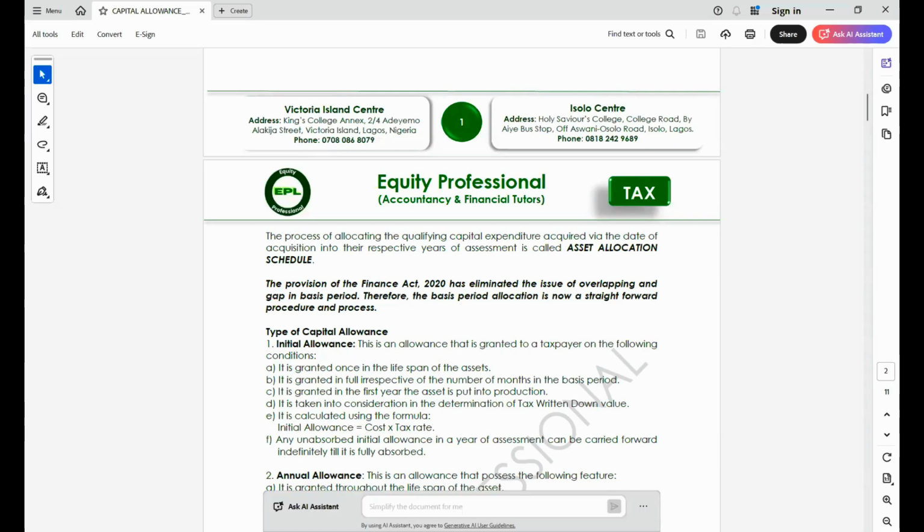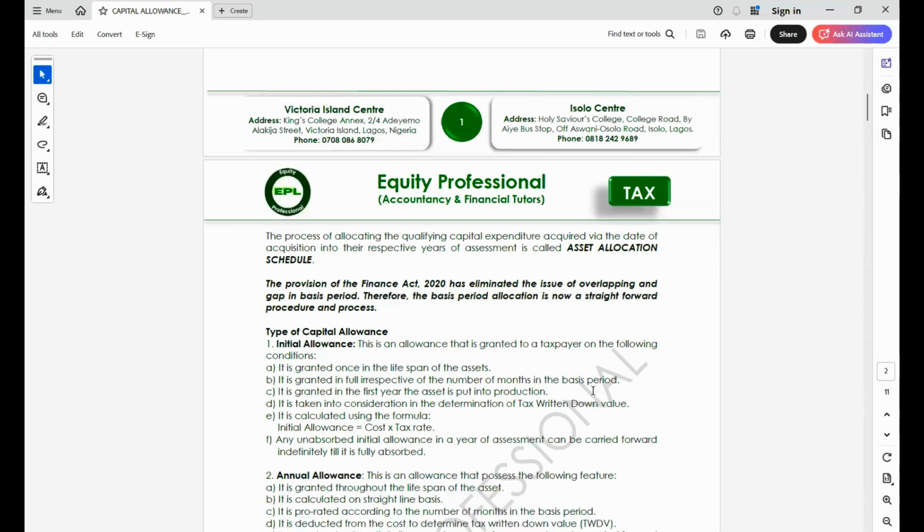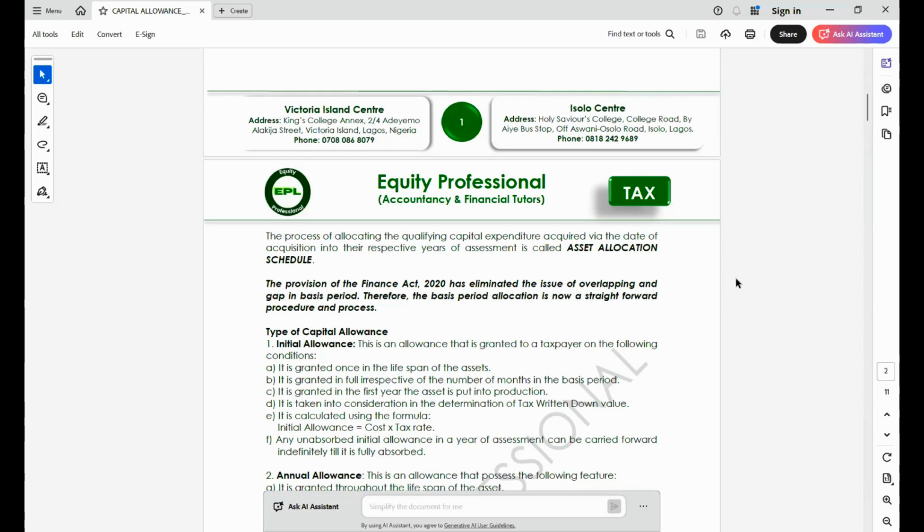What we mean by the tax written down value is the value of an asset after the capital allowance has been claimed. This tax written down value is simply determined as cost minus initial allowance.